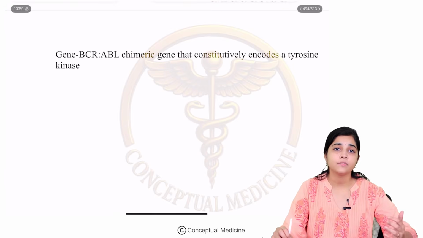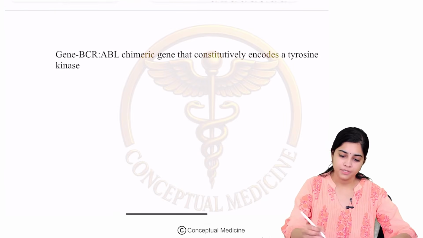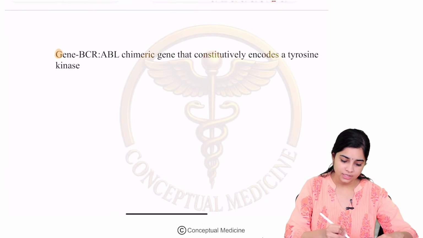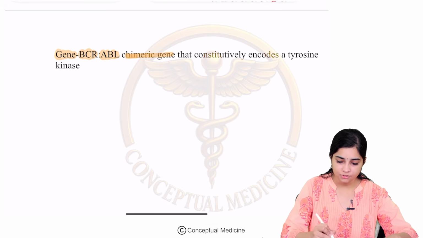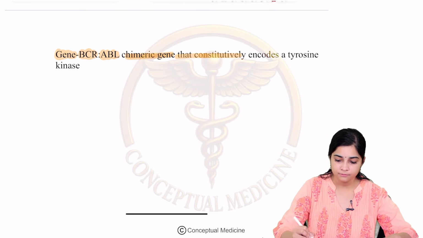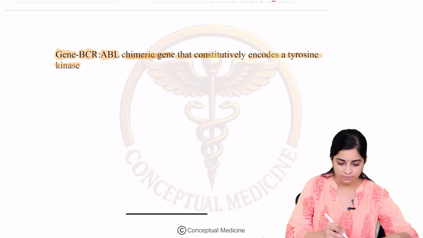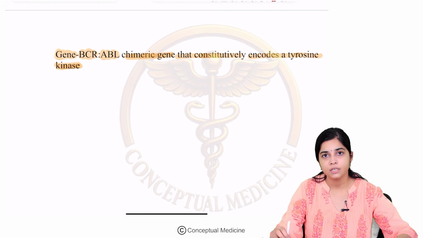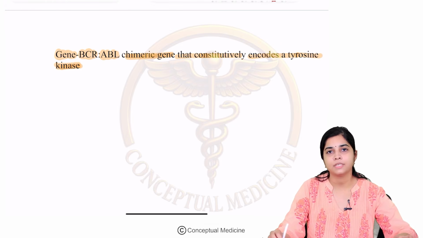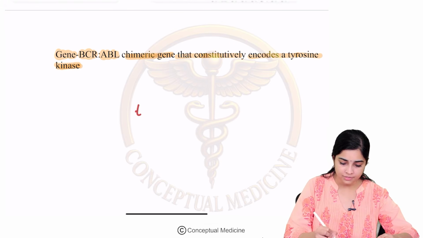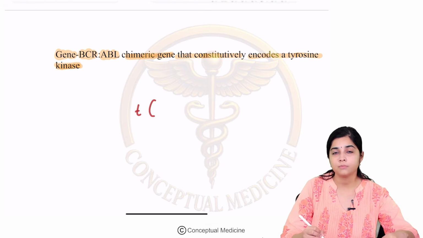Whenever we speak of chronic myeloid leukemia, we have to remember the gene that is involved, the BCR-ABL gene, which is a chimeric gene that constitutively encodes a tyrosine kinase, right? There is a balanced translocation between one chromosome and another.